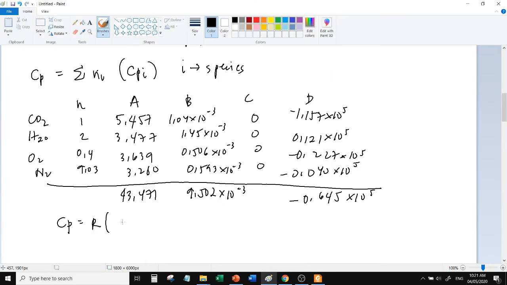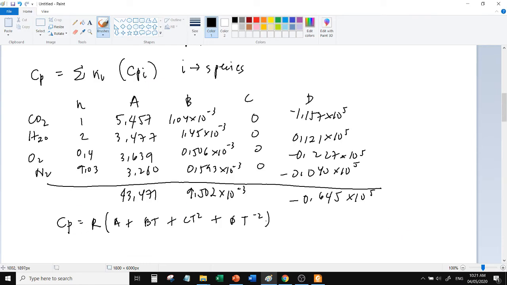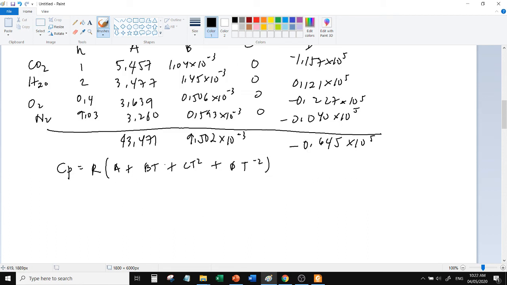A, CT squared, negative 2, diba? Pero wala kasing C. Yan, okay. So, basically, input mo lang lahat ng constants dito. Then, integrate.